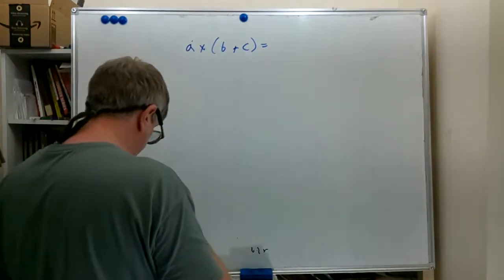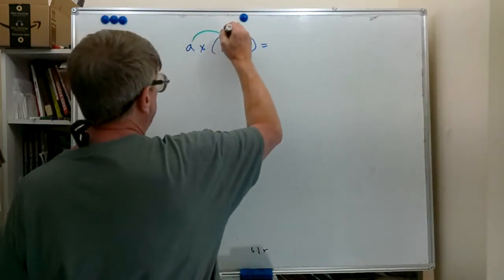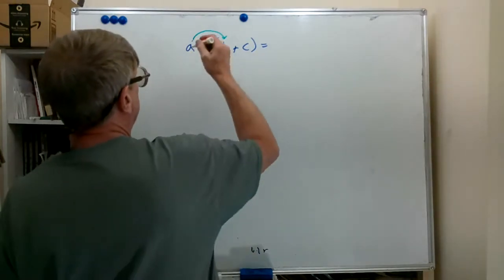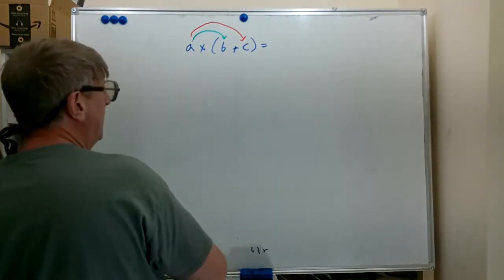And I'm going to draw arrows in 2 different colors to represent distributing the A. We distribute the A to the B, and we also distribute the A to the C. And what does that mean?